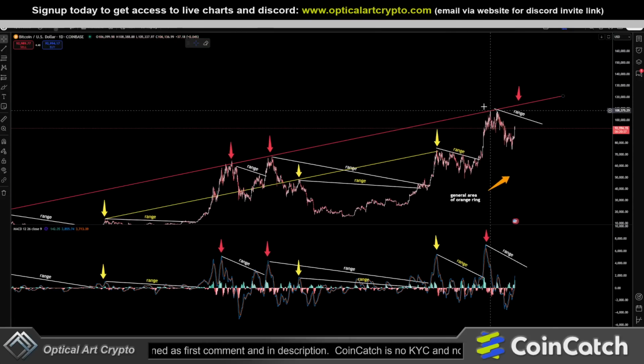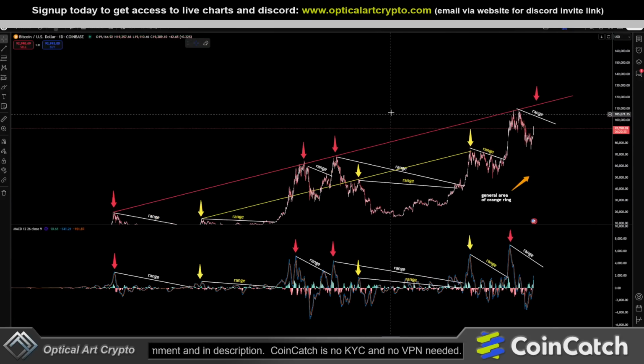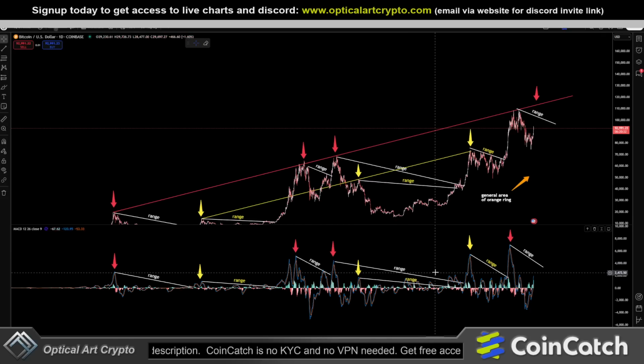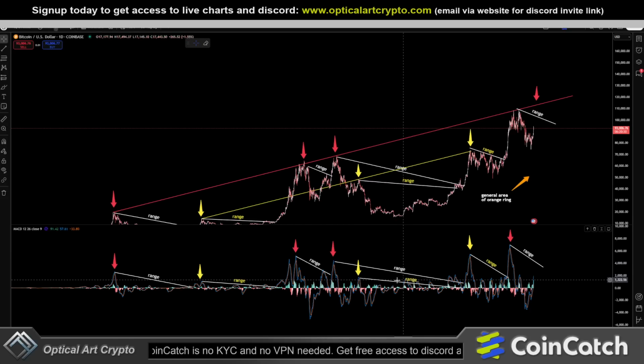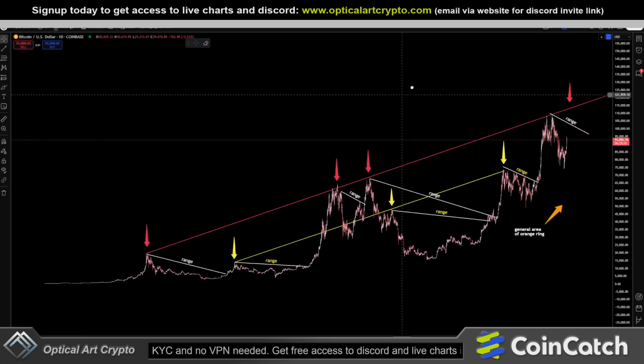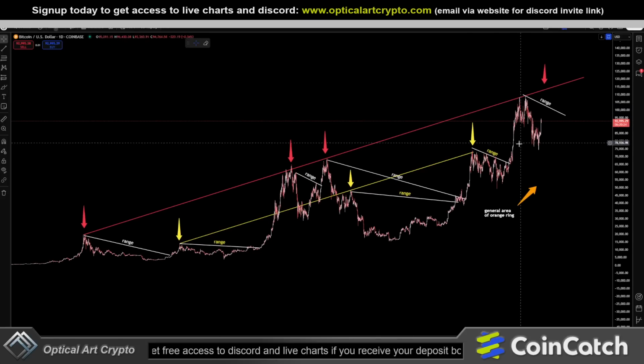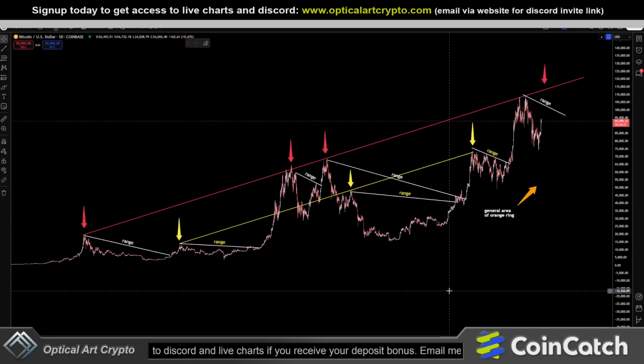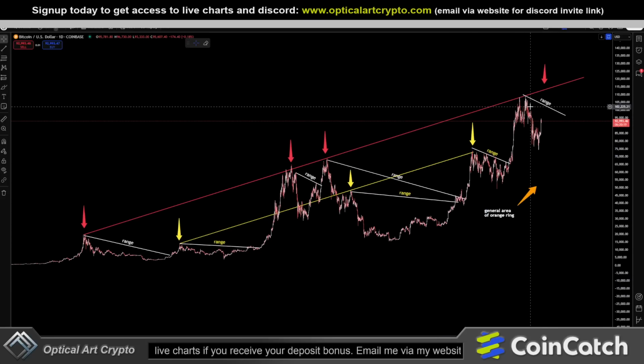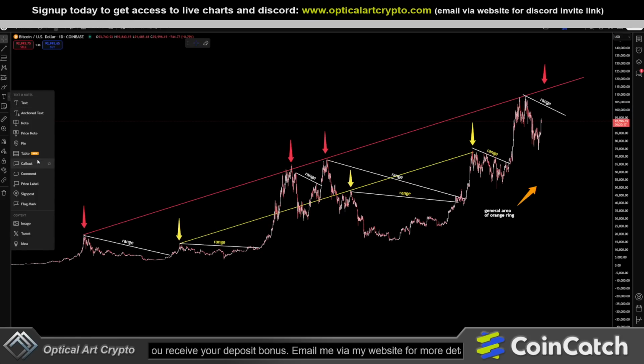I discussed this in a video a while back. I'm going to get rid of the MACD below, but this is linear scale, and I just want you to pay attention. Going by the MACD, it looks like we could range, but I just want to show you going back since.